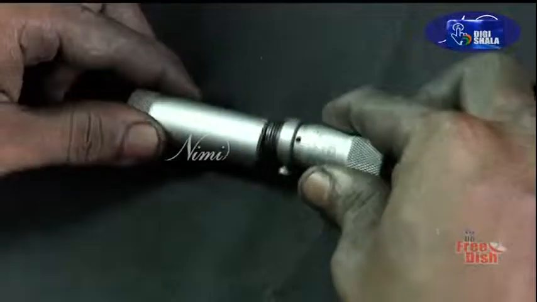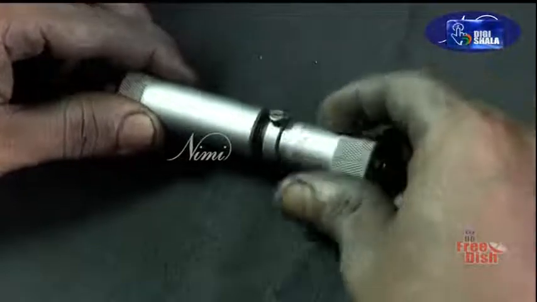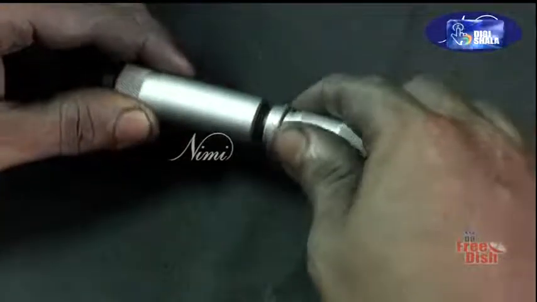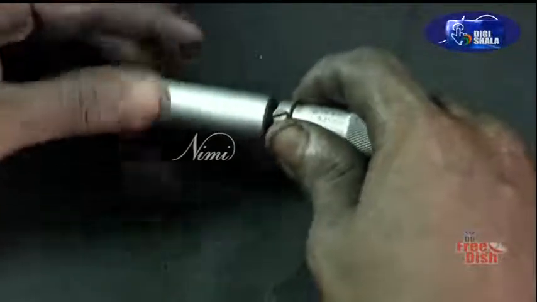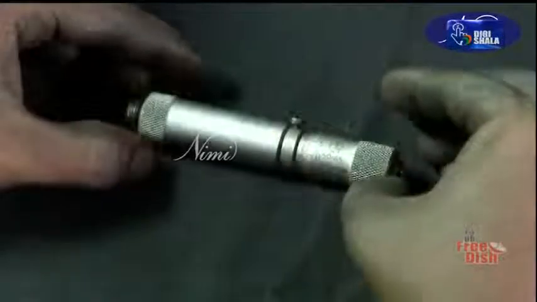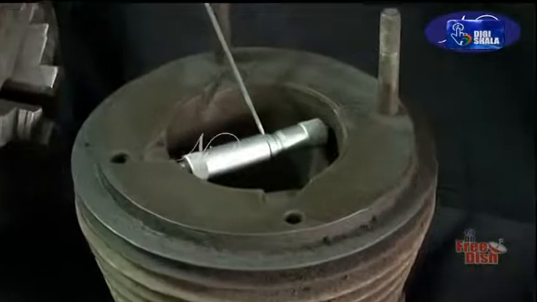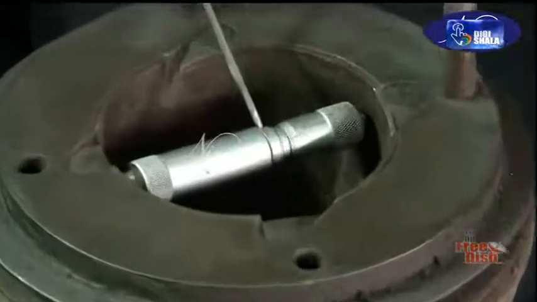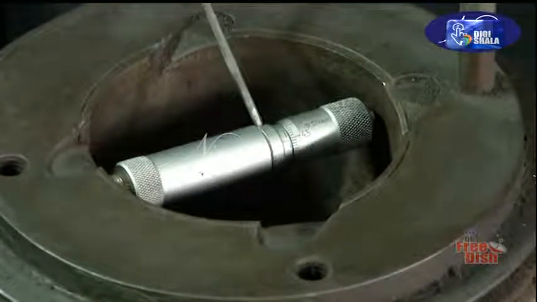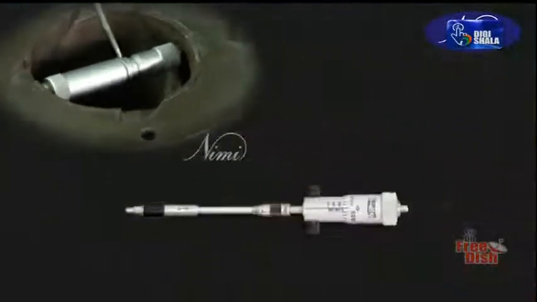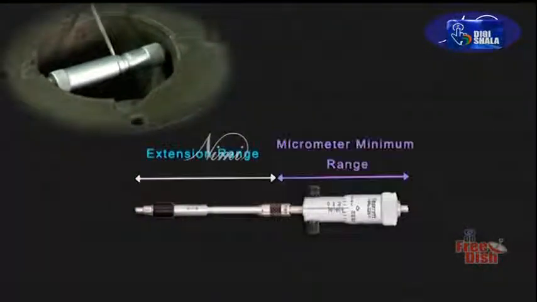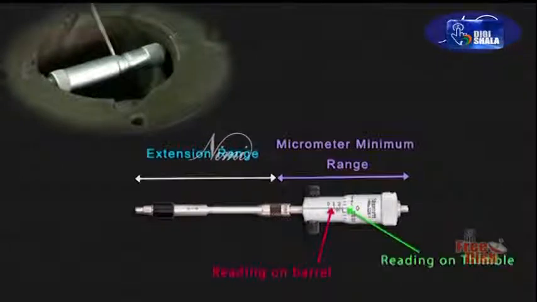Inside micrometer with a spacing collar and extension rod of 125 to 150 millimeter range. The size of the bore is 125 millimeters plus 12 millimeters plus 1.5 millimeters plus 0.00, equal to 138.50 millimeters.